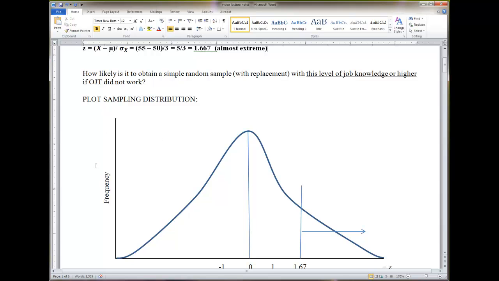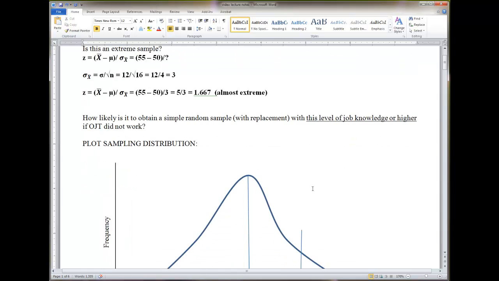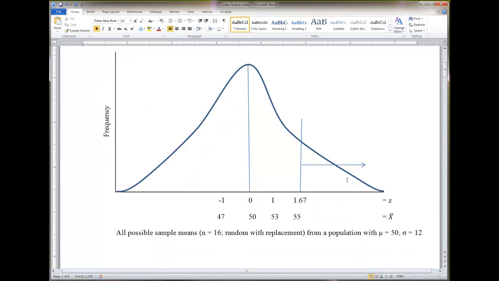So this distribution represents all of the possible sample means of n equals 16 from this original population. But we're hoping that our sample no longer represents this original population so that it'll fall on the extreme end of this distribution.